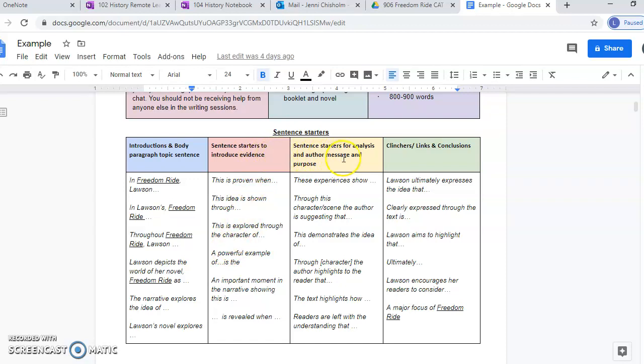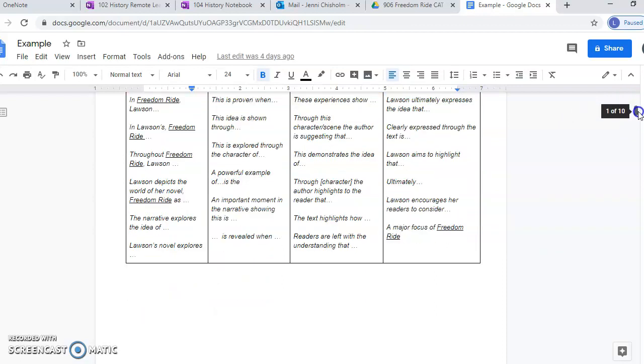And then you have sentence starters for analysis and the author's message and purpose. And then for your linking sentence at the end of your paragraph or for your conclusion. All right, so if you're stuck, have a look at the sentence starters and see if there's any there that you could use, if you're stuck to know what to write.